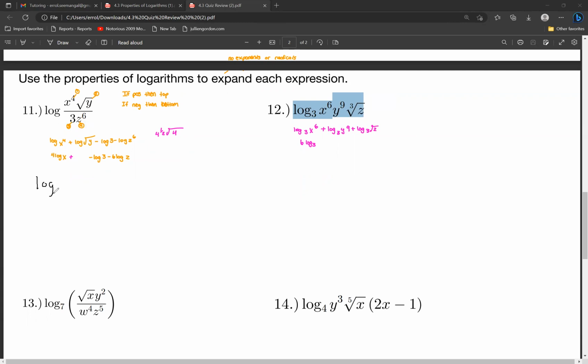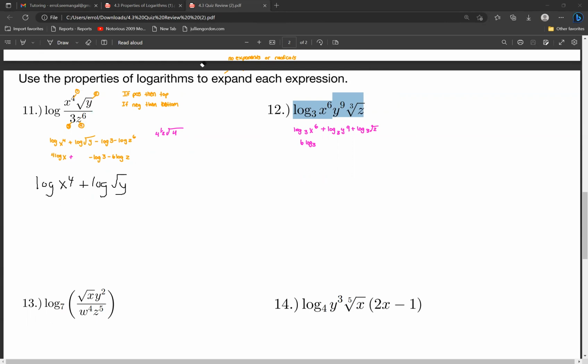Log x^4 plus log root y. There's your multiplication, there's your plus sign. This is this one times this one. Now let's do the other one.